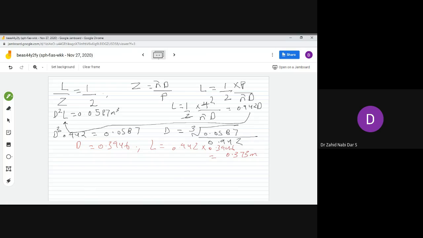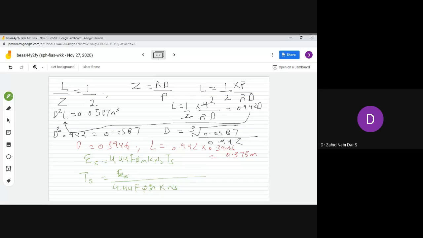In other words, your turns per phase would be equal to Es divided by 4.44 f phi m kws.